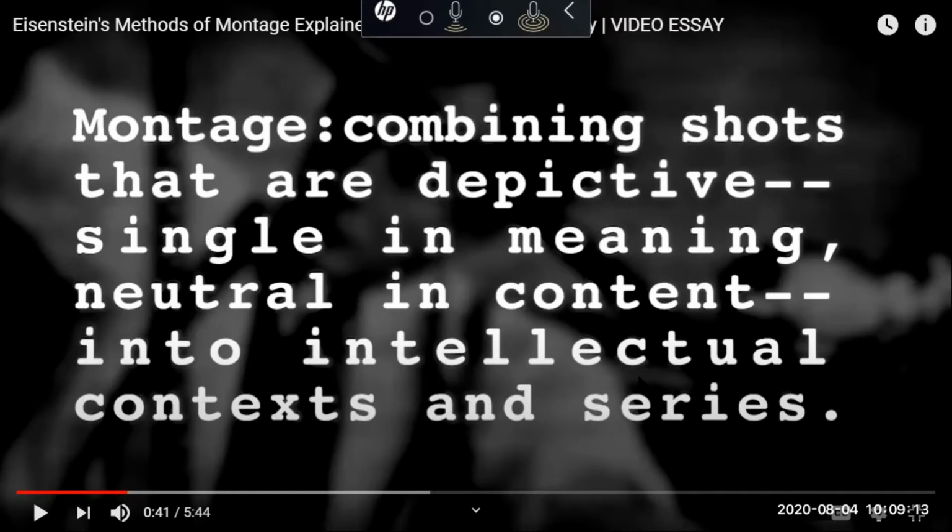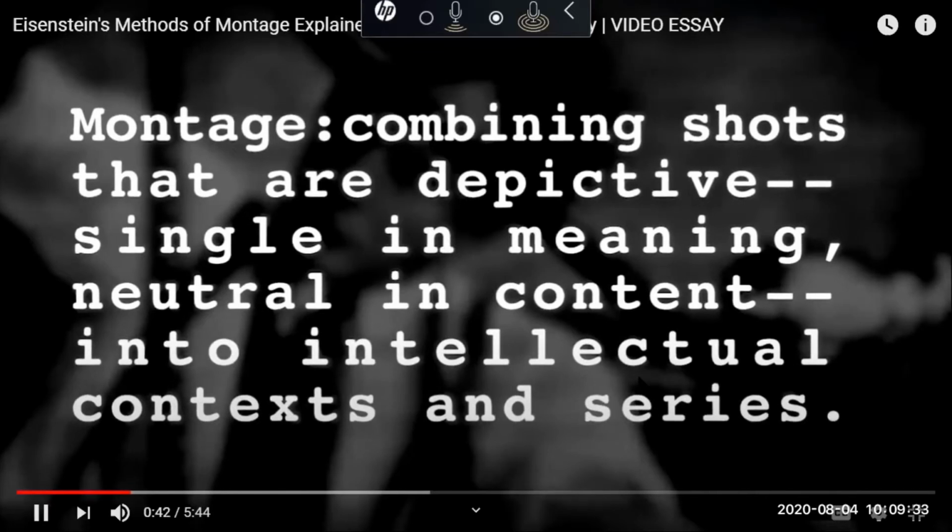All right. All he's saying is that if you are looking at these shots individually, they will appear quite neutral in meaning. They will not communicate the meaning that they communicate together. Okay.